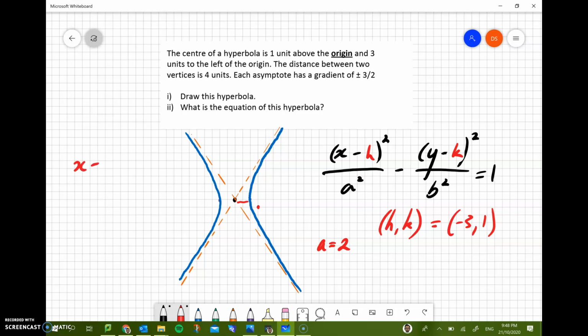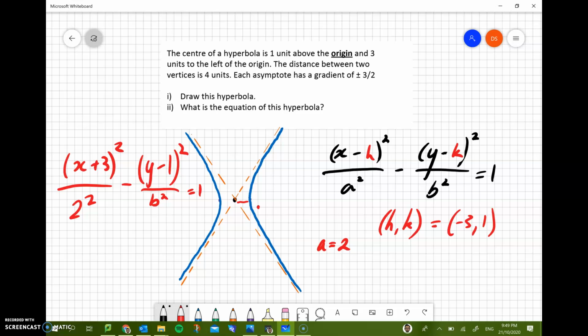So we have x minus 3, so plus 3 squared over, sorry, only 1 over 2 squared minus y minus 1 squared over b squared equals 1.